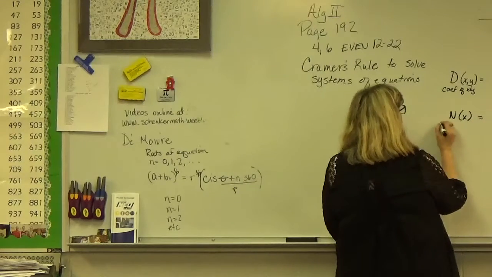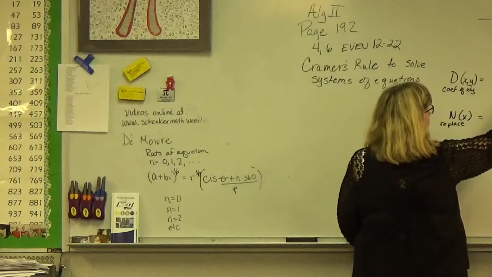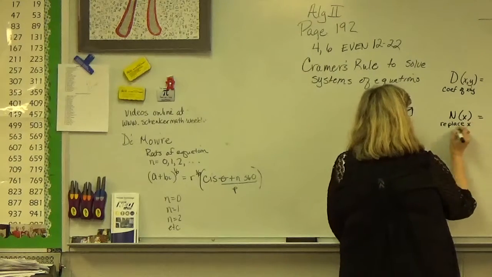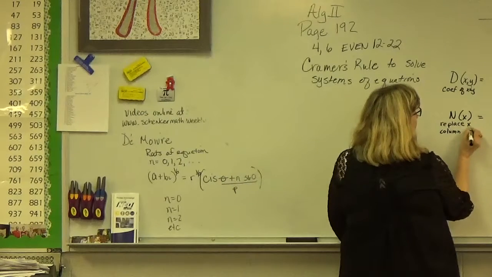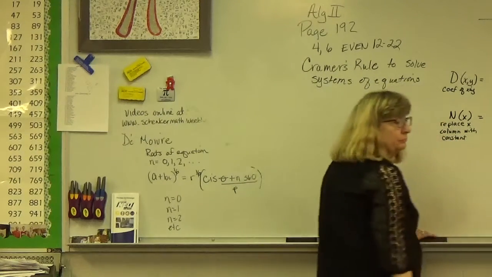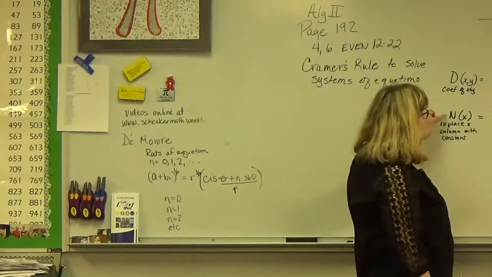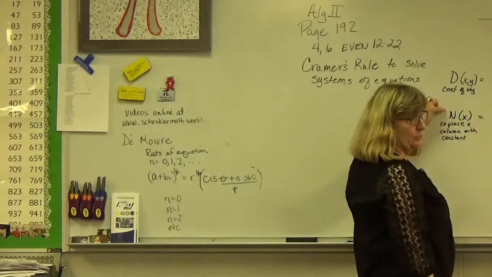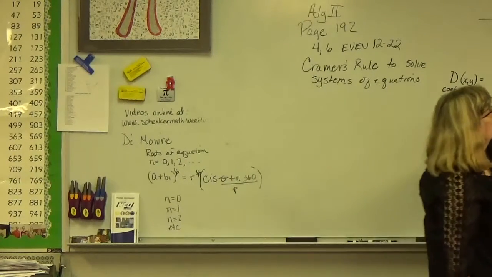Numerator of x is where you replace the x column with the constants. So we're finding the numerator of x, that's what I use N sub x to stand for. You find it by replacing the x column with the constants.